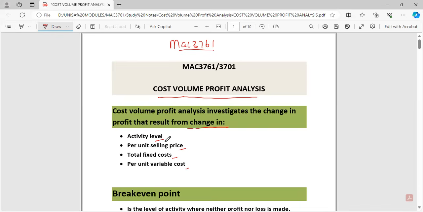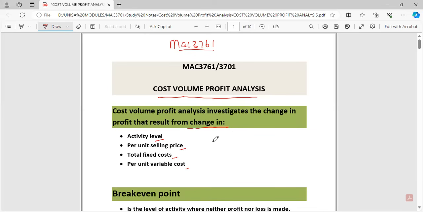So what we will be trying to do here is to investigate, if we change the activity level, what is going to happen? In that case, we call it a decision-making tool. We use it to make decisions. That's why, when we are calculating the contribution, we only focus on variable cost, because fixed costs are not going to be used in decision making.